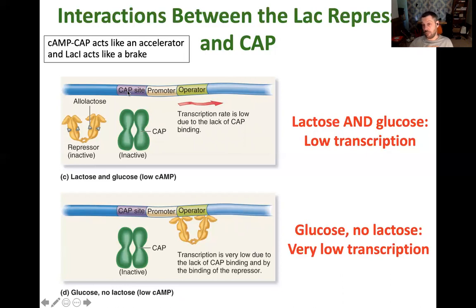That means that the accelerator is off. Now, in this case, there is lactose present, which would lead to the repressor falling off the operator, which would normally lead to transcription of this gene. But because there's no accelerator and no brake, transcription rate is low.